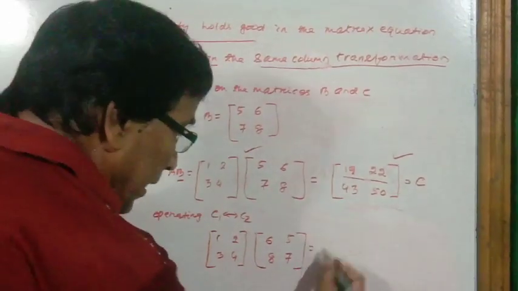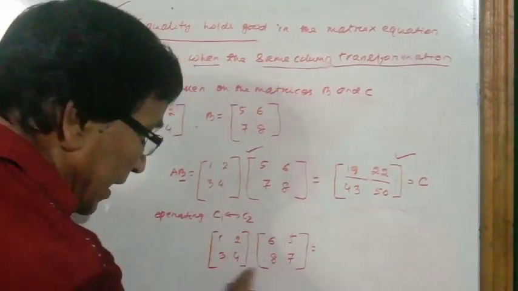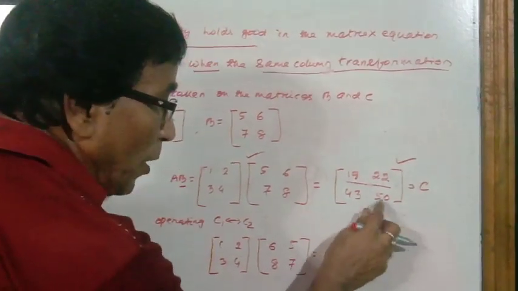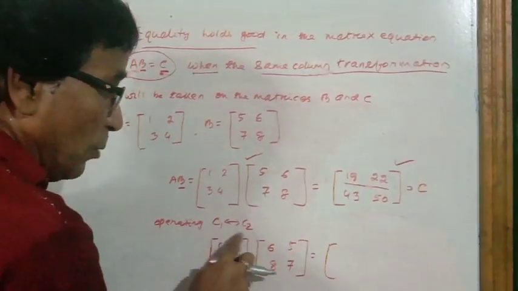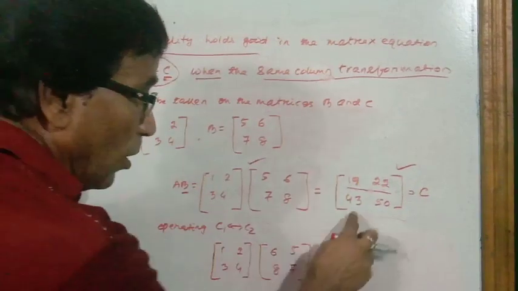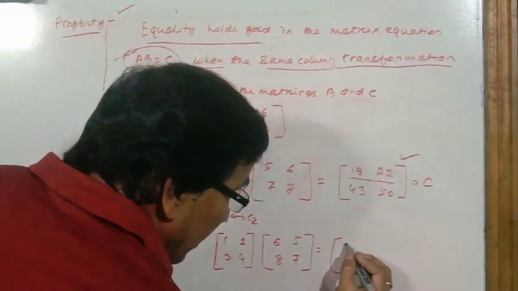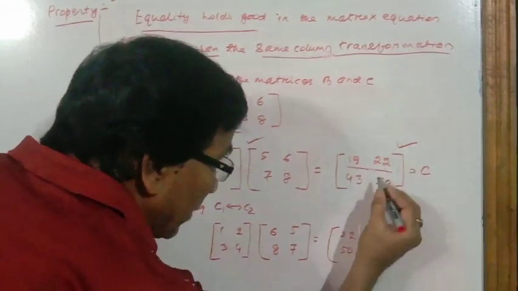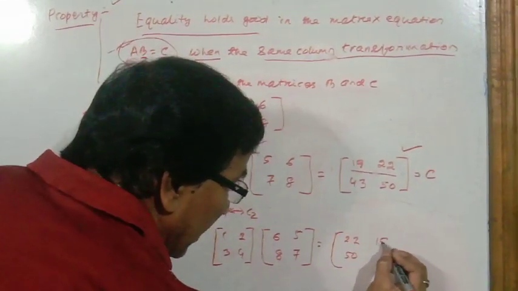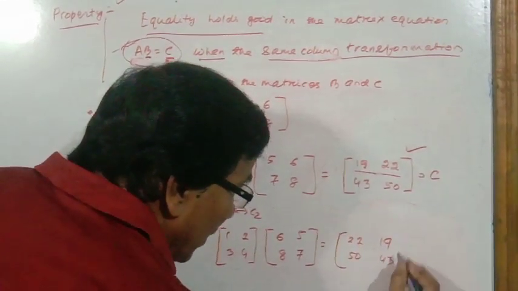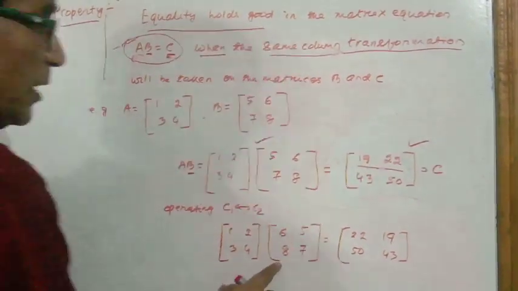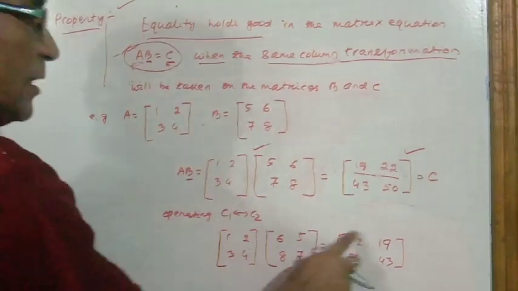So here we will see whether the product of these two matrices is equal to this. If you operate C1 and C2 interchange on this matrix C, then it will be 22, 50, 19, 43. Now we will verify whether the product of these two matrices is equal to this or not.